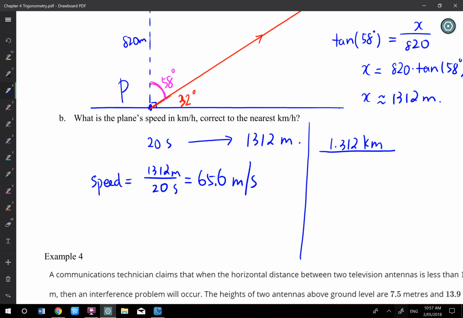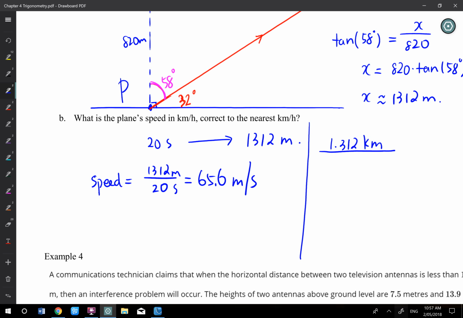Well, in each hour, how many seconds are there? Yeah, 60 times 60. What is it? 3,600. Okay, 3,600. If I want to convert seconds back to hours, what do we need to do?